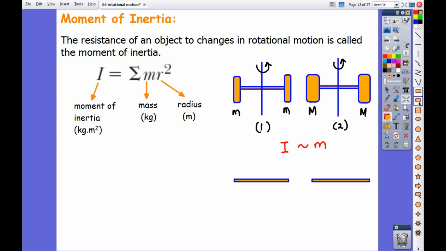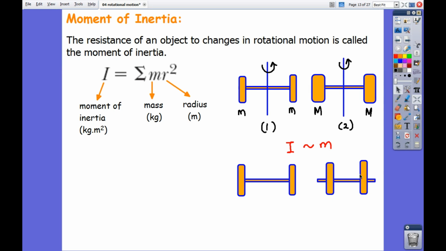And then I add some weight that also has the same mass. This is the first one, this is the second one, but on the second rod, the weight is put closer to the center of rotation.